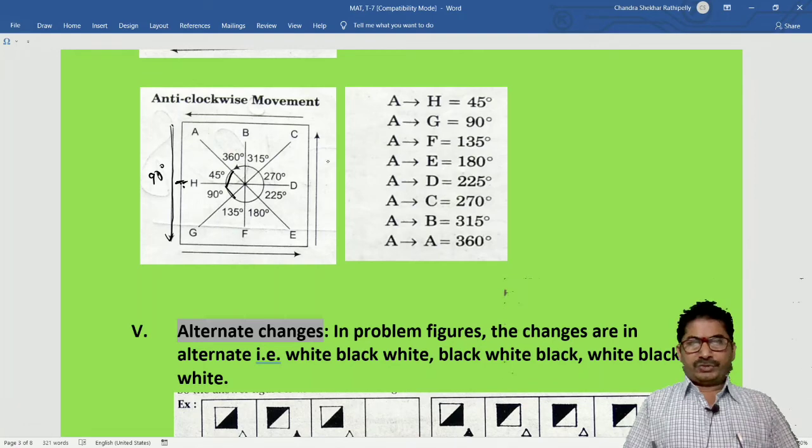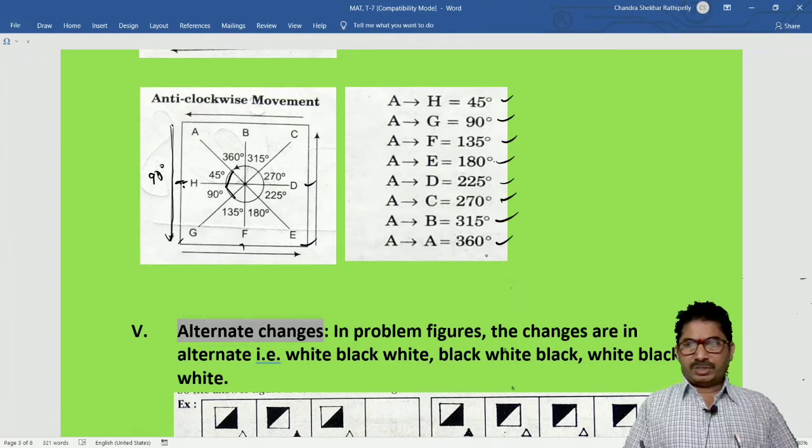A to H 45 degrees, A to G 90 degrees, A to F 135 degrees, A to E 180 degrees, A to D 225 degrees, A to C 270 degrees, A to B 315 degrees, A to A complete rotation 360 degrees.